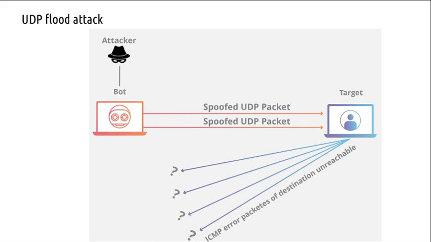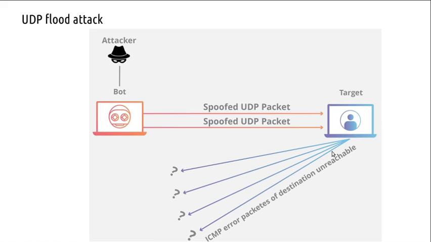Similar to the SYN flood attack, there is a UDP flood attack. You can send spoofed UDP packets, and the target can be overwhelmed. The target responds to the spoofed address, times out after a while, and won't be able to reach the host which sent this.